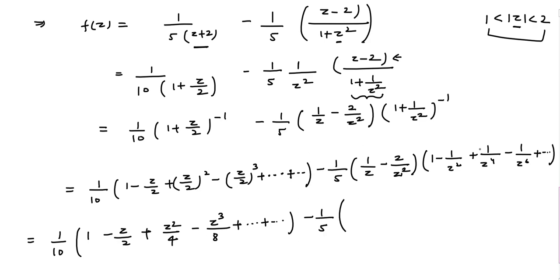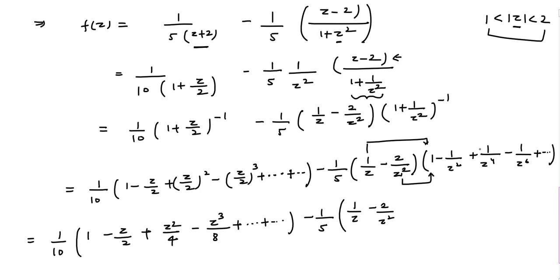We need to express all the terms in ascending order. First of all, we need to find the term 1 by z, so we multiply the first term by 1, we will get 1 by z. Now the second term, that is 1 by z square, we will get by multiplying this term by 1, we will get negative 2 by z square.